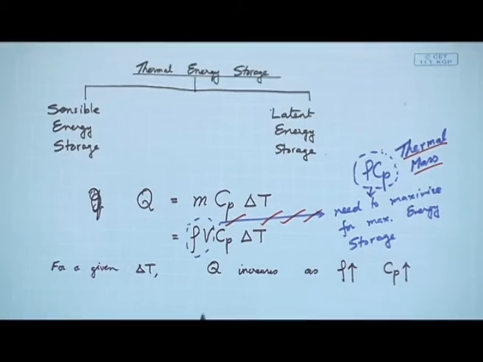All right. So far, if you remember, we have already been exposed to one form of sensible energy storage, and that is regenerative heat exchangers. In a regenerative heat exchanger, when a hot fluid goes through, the material inside, let us say a packed bed of sand or pebbles, absorbs the heat and cools down the fluid.